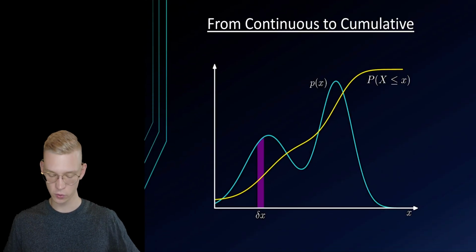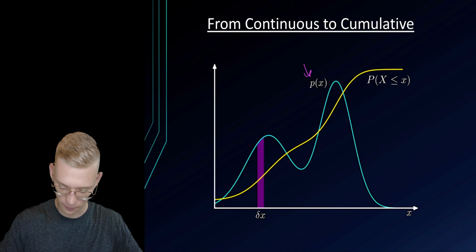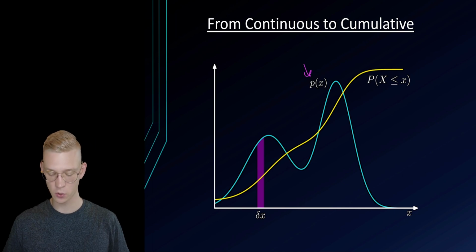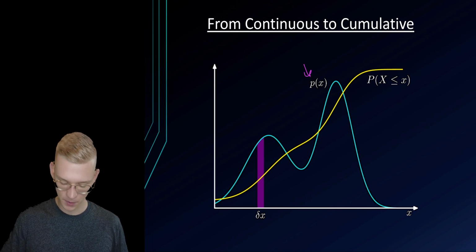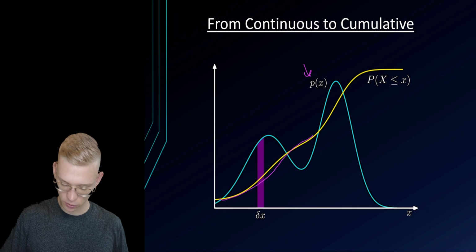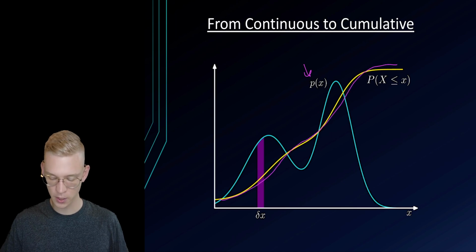This is a visual representation. p of x is our function, so our probability density function, and this is an integral of our function, which will give us the cumulative function.